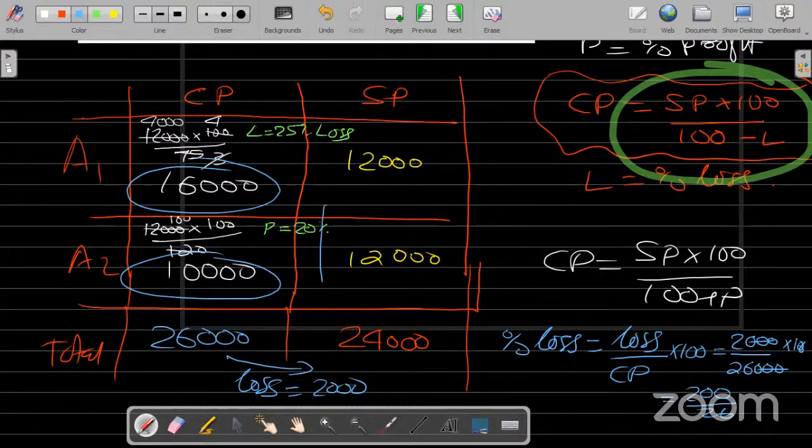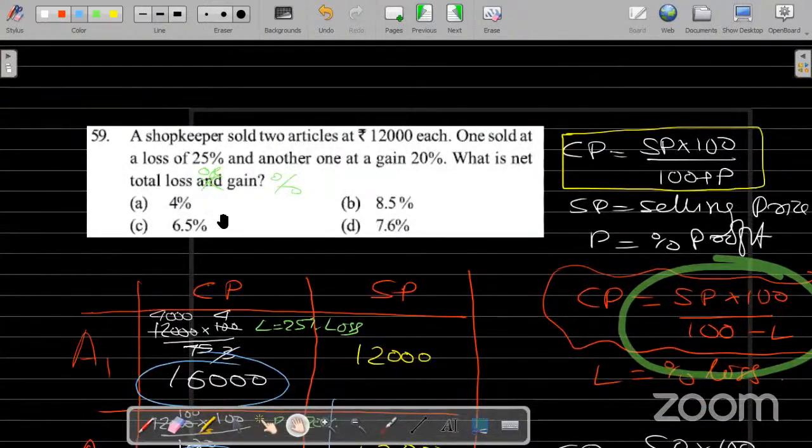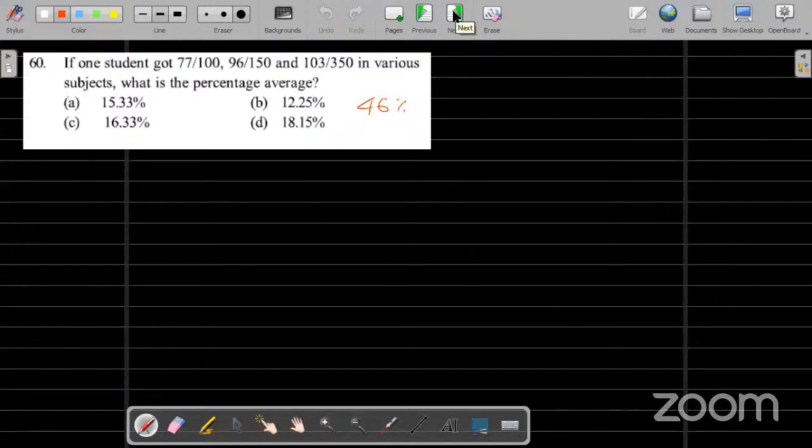So the answer is 7.6%. Actually, that question is wrong. That is not the answer. None of them is the answer.